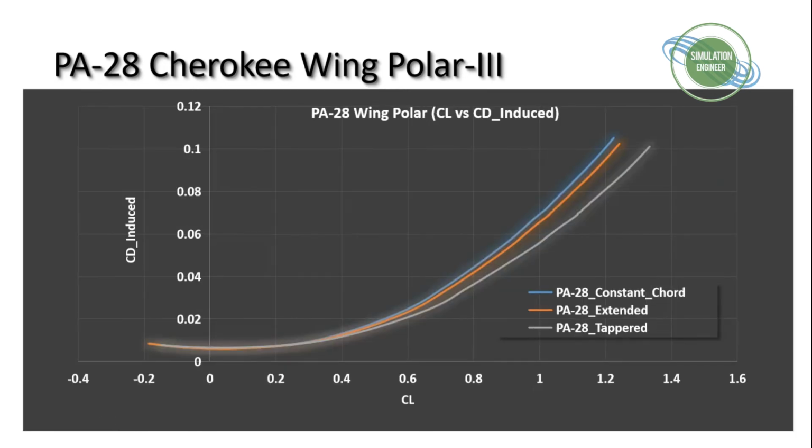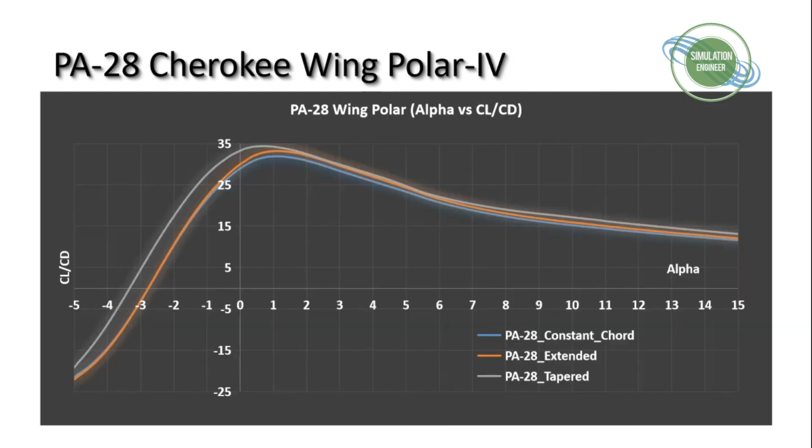And we can see, if we have a direct comparison of CL versus the induced drag, that the lift coefficient increases with the tapered and extended wing planform compared to the constant chord or simple form of the wing, which results in a higher induced drag, but the tapered geometry or wing extension leads to lesser induced drag, which also complements the lift coefficient.